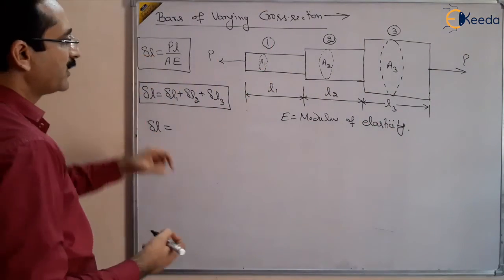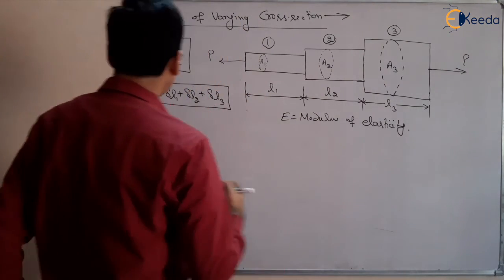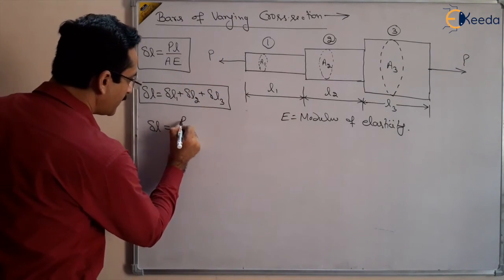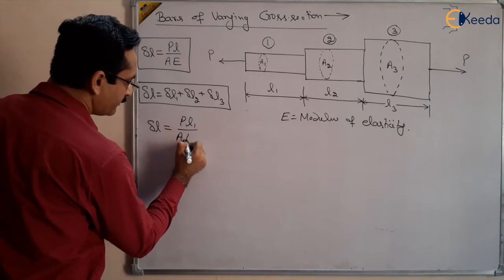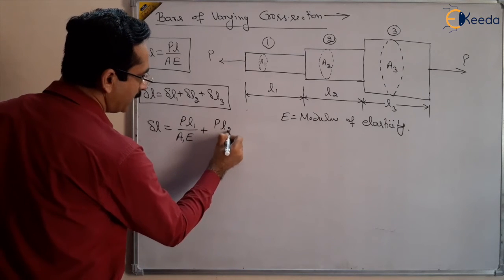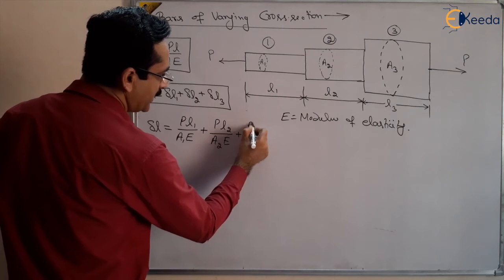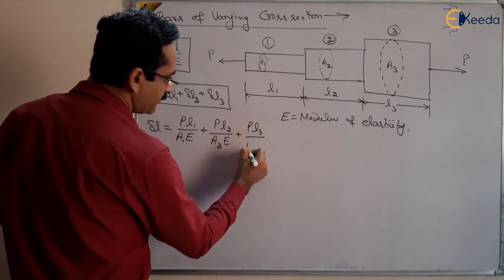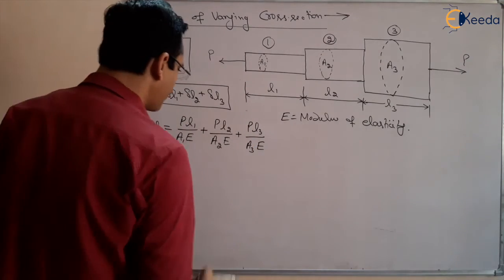Also we have said that the modulus of elasticity is the same for the entire material. So P is the same, but the length is different. So delta L is equal to P L1 upon A1 E plus P L2 upon A2 E plus P L3 upon A3 E. So this is the total deformation in the bar.